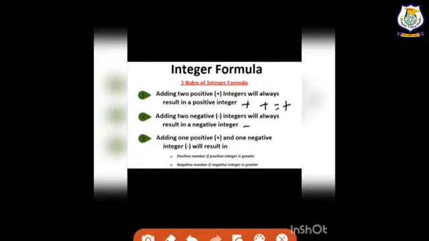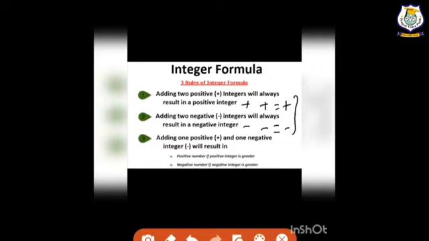From these 2 rules, you have seen that whatever common sign both numbers have, the answer will also come with the same sign. If both numbers have the plus sign, the answer will also come with the positive sign. In the second one, both have the common negative sign, so the answer comes with the negative sign.